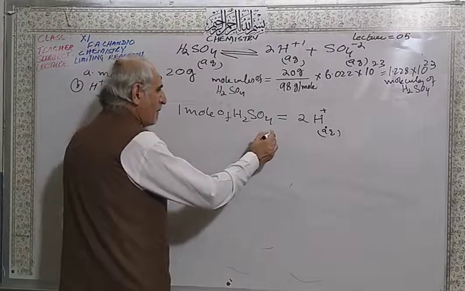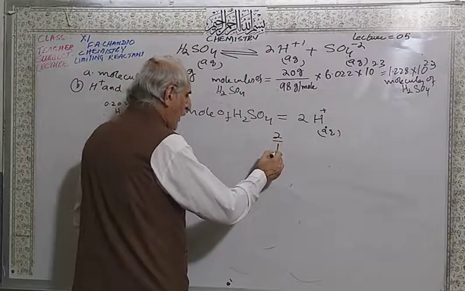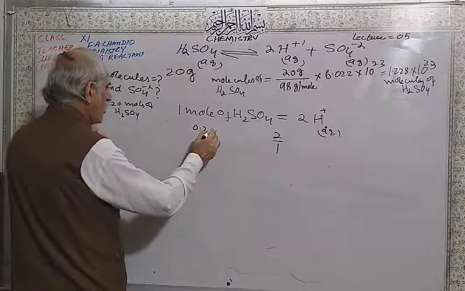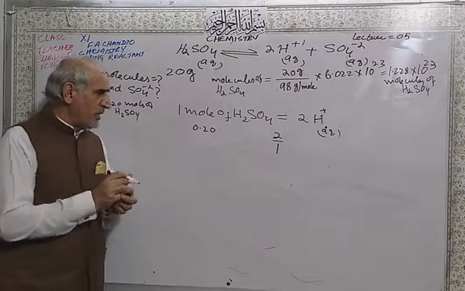So this will be 2 over 1, times 0.20 moles.